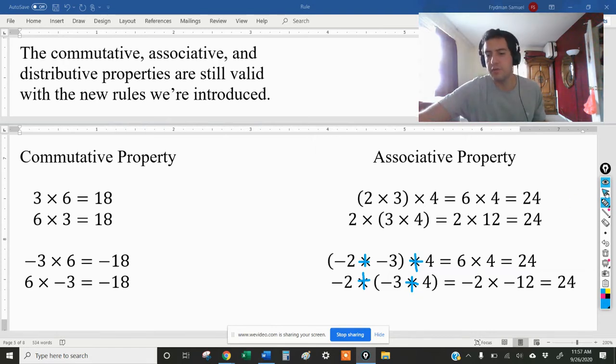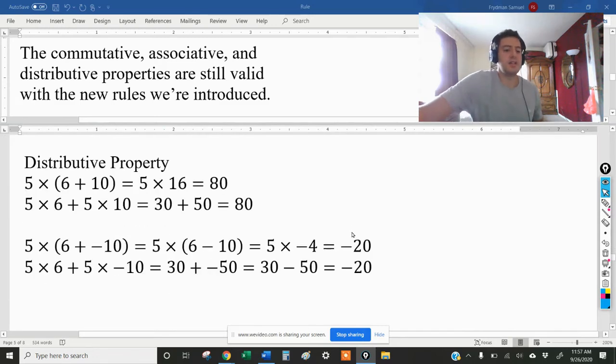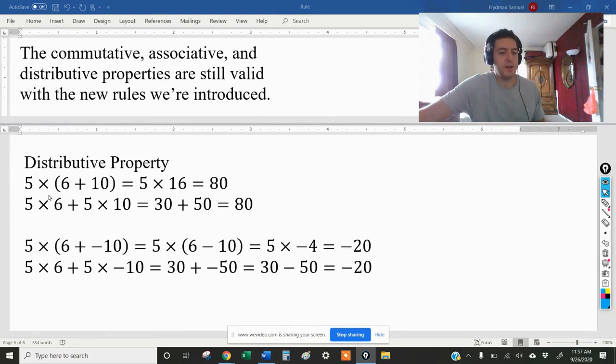But I'm going to move on now to the distributive property, which says that if I multiply over addition, so here I'm multiplying the 5 with 6 plus 10, then doing this is the same as doing this.